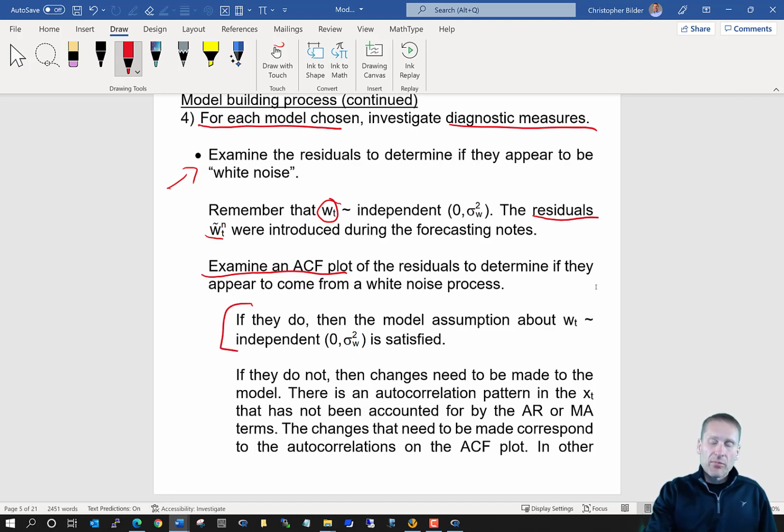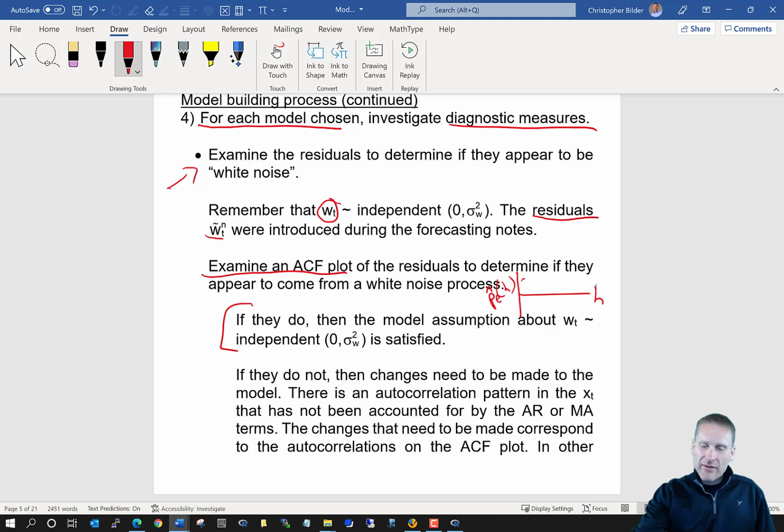If the plot looks okay, what do I mean by that? Here's, let's say, our plot. We have lag h. We have the autocorrelations, let's call them rho hat sub e of h, where we commonly use e to mean residuals, even though in how we state our model, we call it W. I'm going to use e to differentiate it from the autocorrelations for the original data itself.